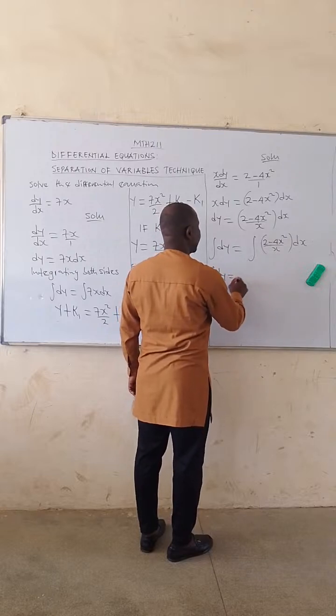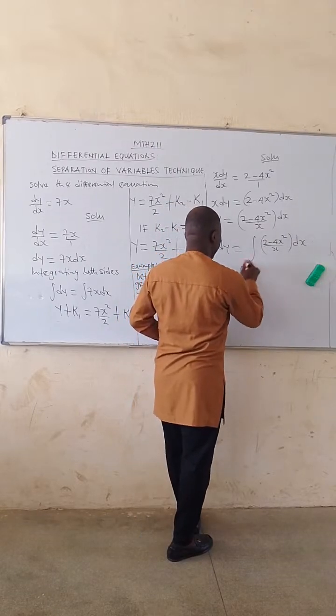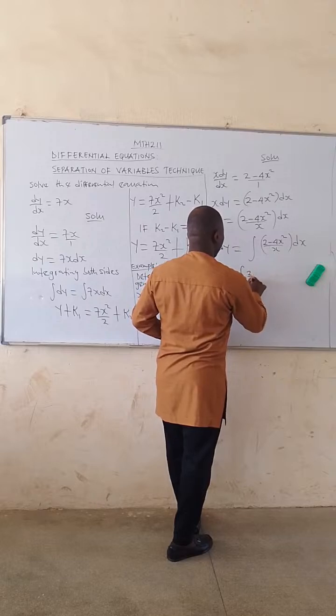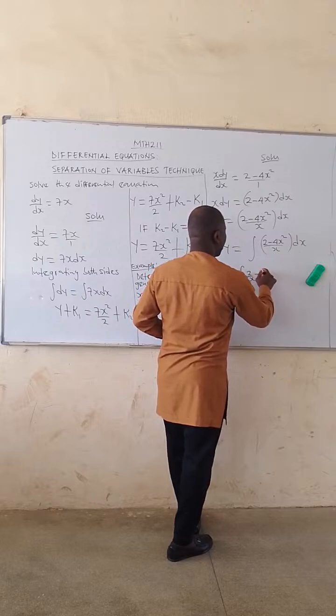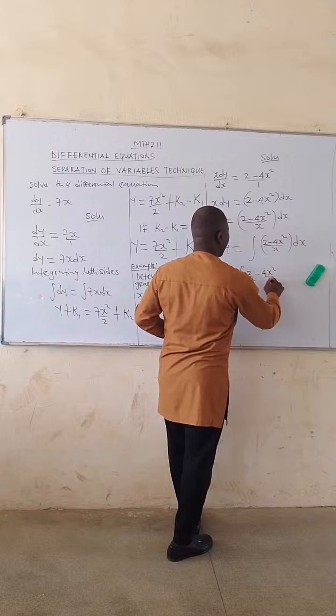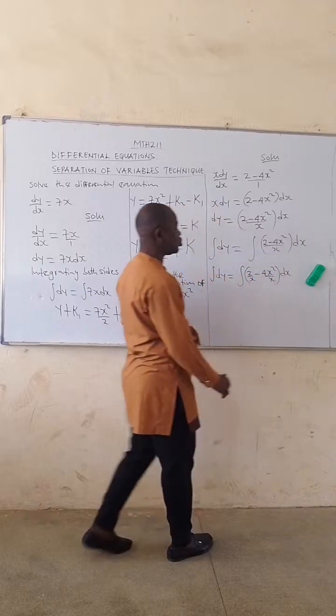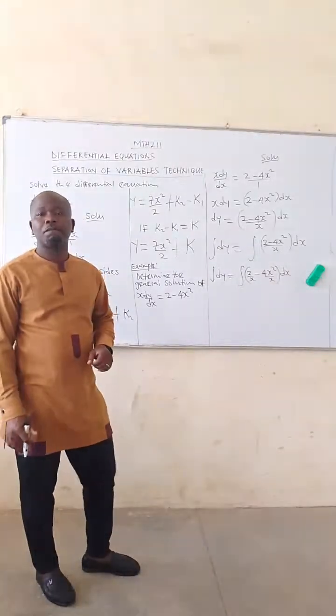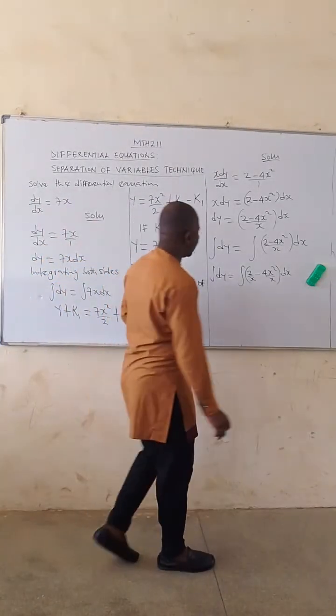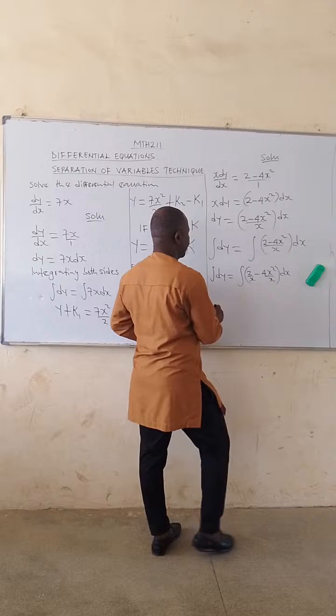This is integral dy is equal to integral 2 all over x minus 4x squared all over x dx.